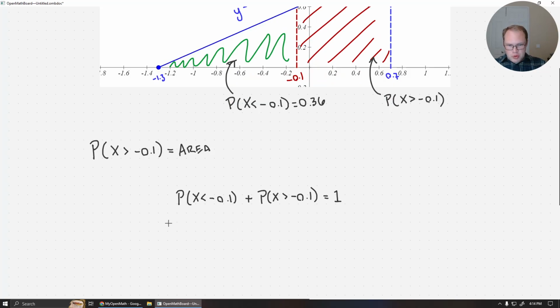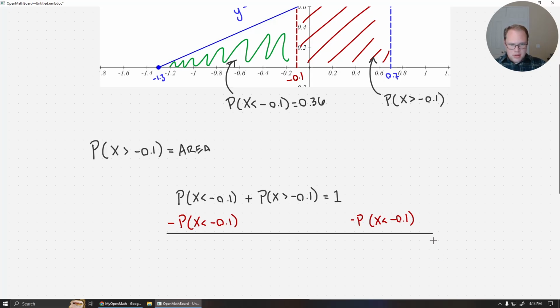Which means if I subtract this guy away, then what I get is probability that x is greater than negative 0.1 is equal to 1 minus probability that x is less than negative 0.1, and that was 0.36.